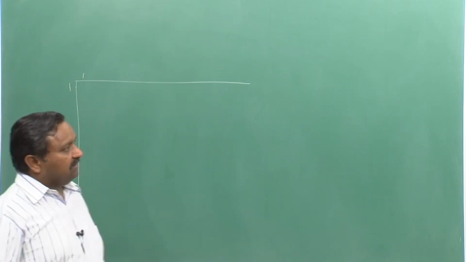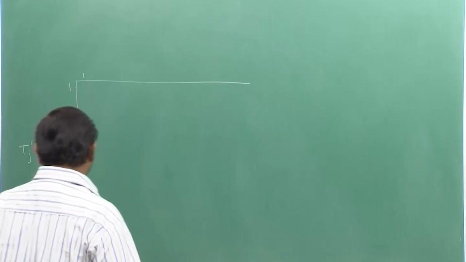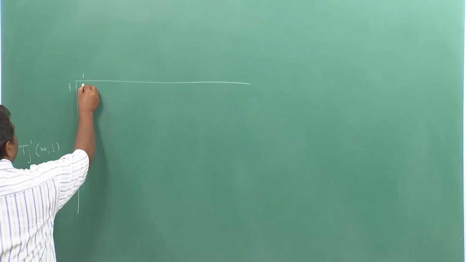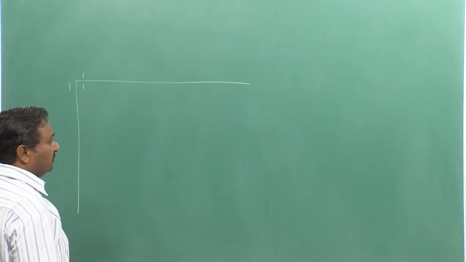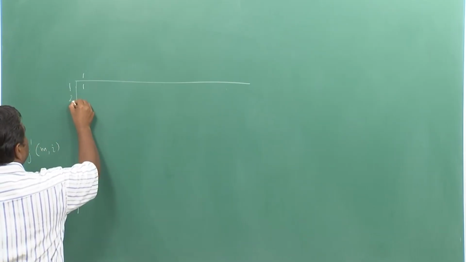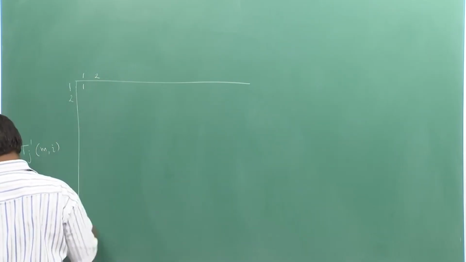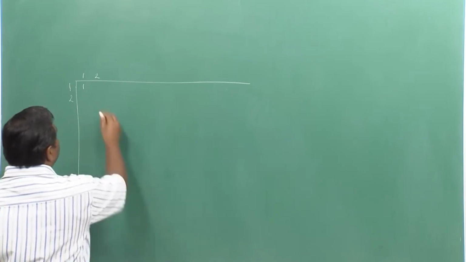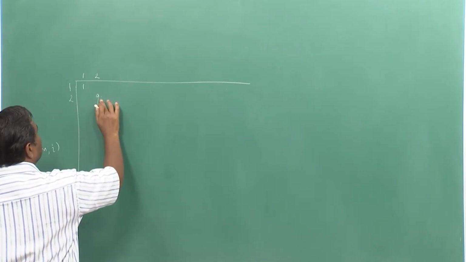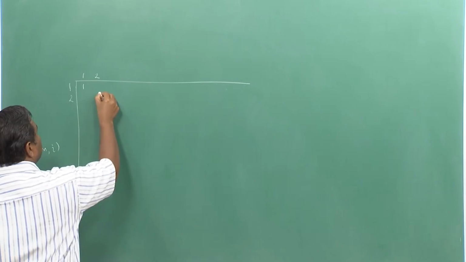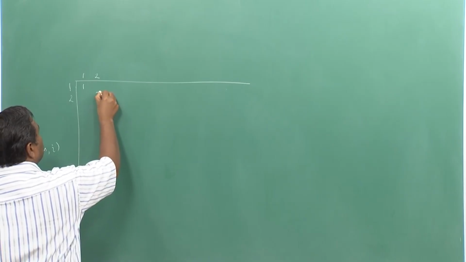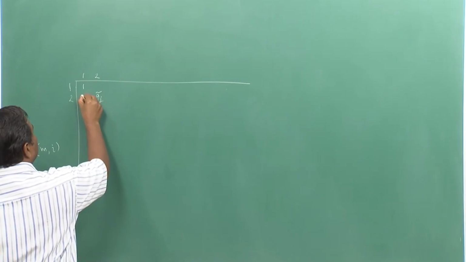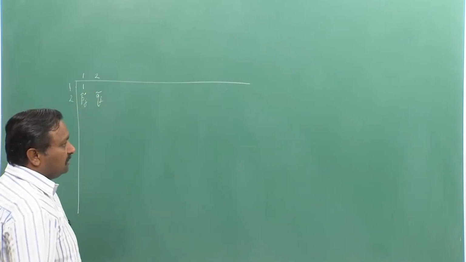So, if you are in state 1 you will surely remain in 1 only, there is no other option. If you are in state 2 you will remain in state 2 if there is no packet going out, so you call it qj tilde, and if the packet goes out you come back to state 1.